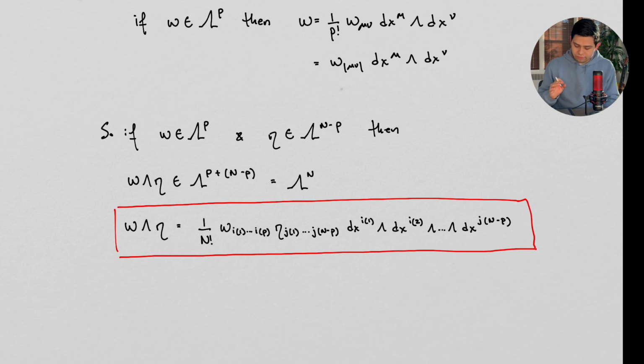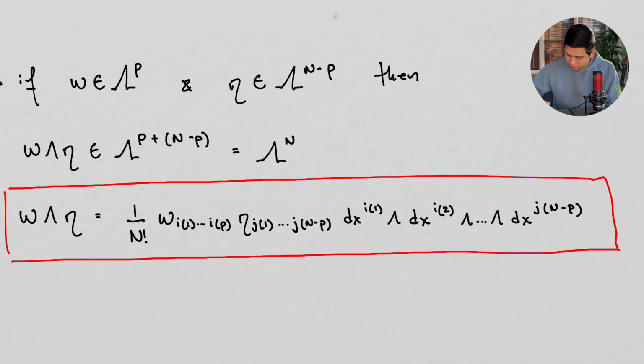So if omega is part of a p-form and eta is part of an n minus p form, then omega wedge eta is going to be p plus n minus p, which is just part of an n-form. That is the top form, right? So I'm actually going to put that, this is going to be the top.